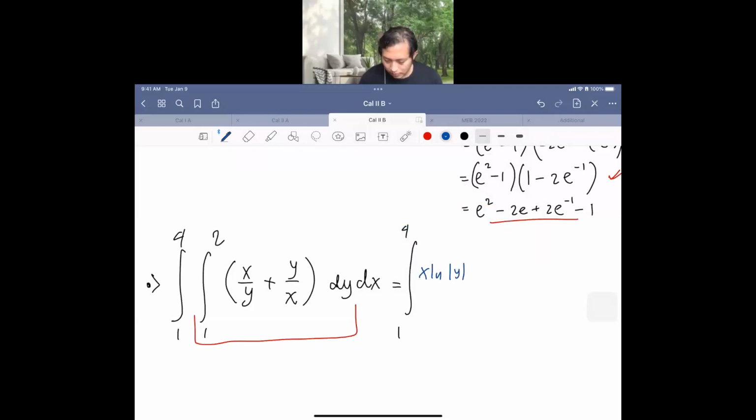Okay, first that, and then the second is plus y squared over 2x, from, this should be from 1 to 2.